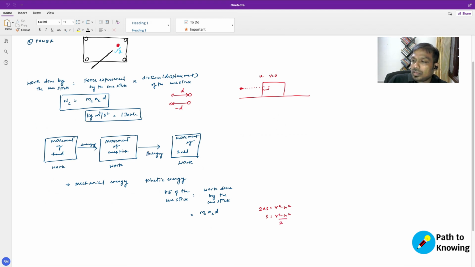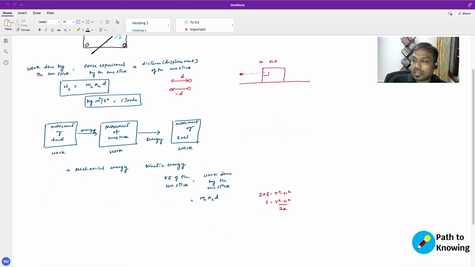In this case, s was the displacement of an object that had an initial velocity of u and reached a final velocity of v. All three were related: the acceleration, the displacement, and the initial and final velocities. So here also, although we call it d, this is also displacement.